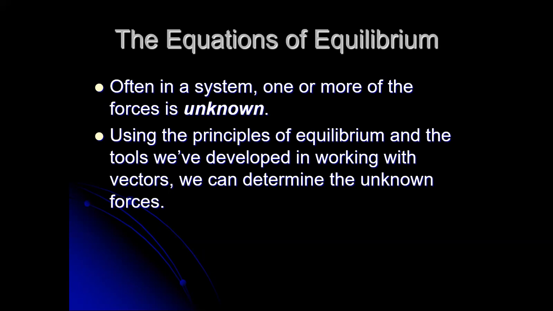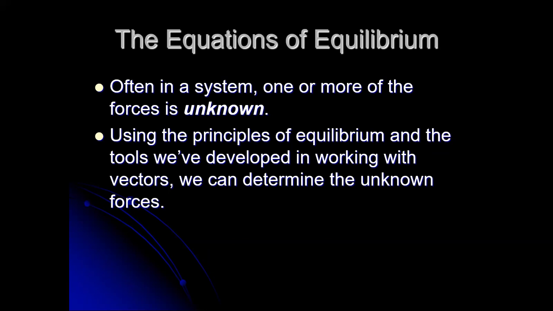That gives us the ability to handle two unknown quantities at most. Each equation buys us the ability to find one piece of information. So the only way we can solve an equilibrium problem is if we have at most two missing pieces of information.